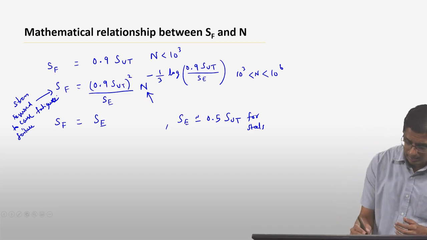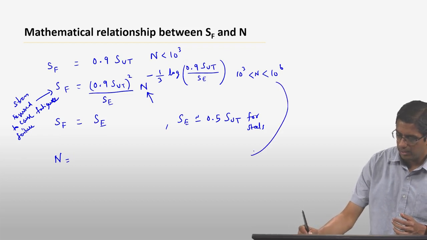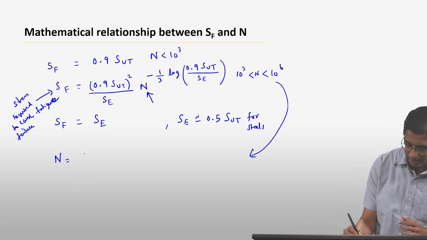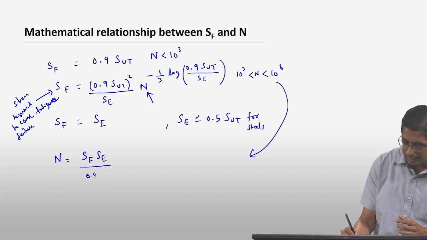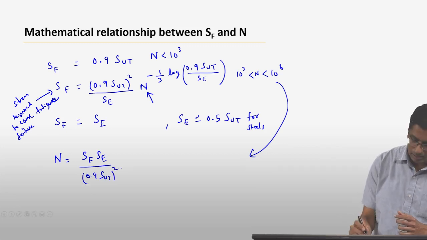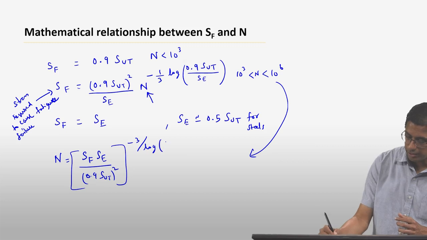If you do that, the relationship for N, especially in this range, turns out to be something like this: (SF times SE divided by (0.9 SUT) squared) to the power of minus 3 divided by the logarithm of (0.9 SUT over SE).